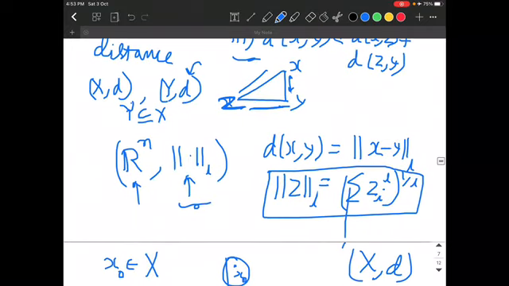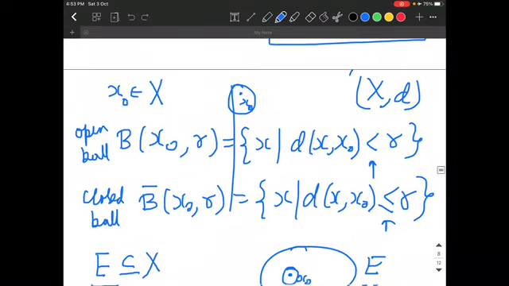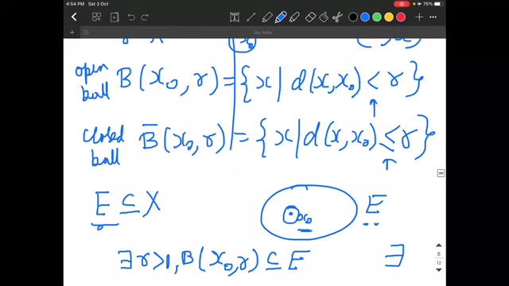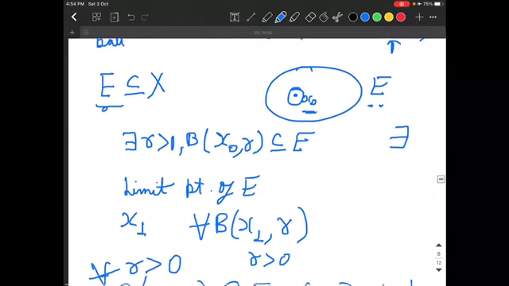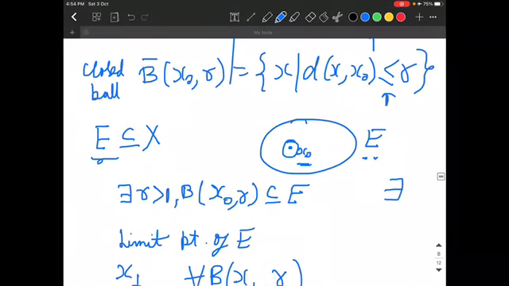Then we saw the definition of an open ball: the set of points around a point x naught at a distance less than r is called an open ball with center x naught and radius r. And the closed ball, if the inequality is not strict. Then we saw an interior point, a point around which there exists some open ball which lies completely inside the set.